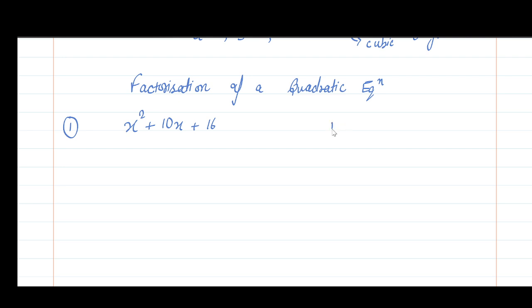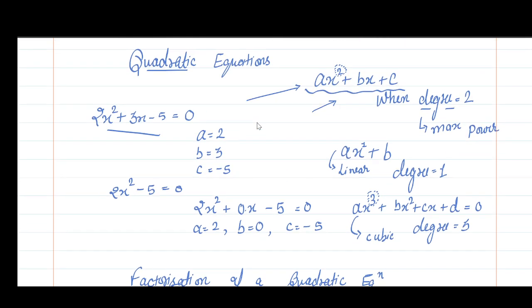The first step is you will find the values of a, b, and c by comparing with the general quadratic equation. a is equal to 1, b equals 10 and c equals 16, after comparing it with the general notation, ax squared plus bx plus c.